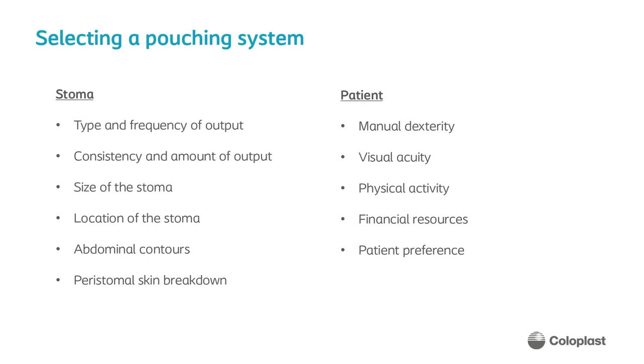To ensure the most appropriate system, the following stoma characteristics should be assessed: the type and frequency of the output, the consistency and amount of the output, the size of the stoma construction, including the location of the stoma opening, known as the lumen, and unusual abdominal contours and peristomal skin breakdown.